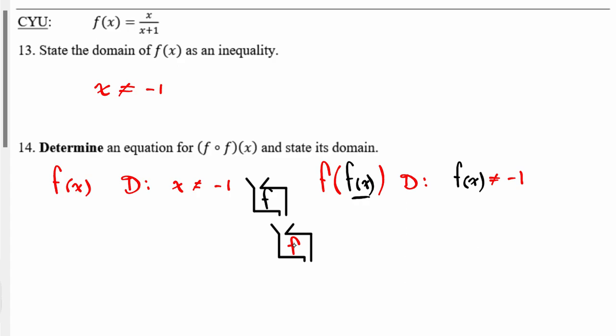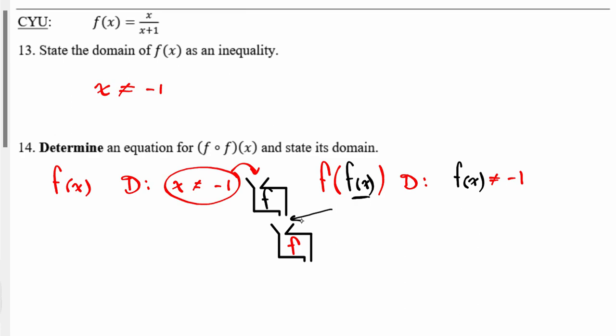So here I have this restriction. Tells me -1 cannot go into that function. And over here is where I'm looking to see what restriction I get for that joint piece where the output from the first function goes into the second function.